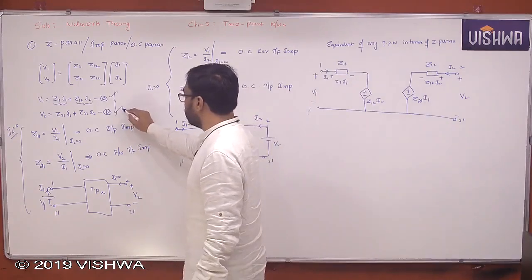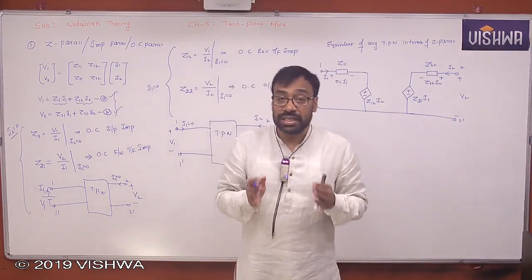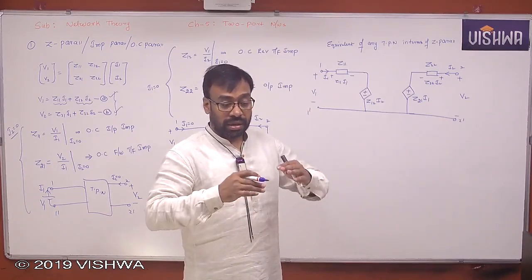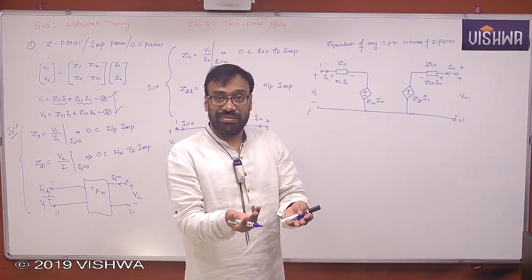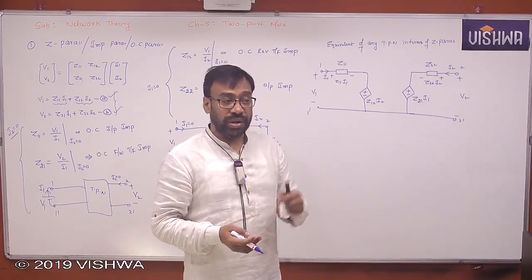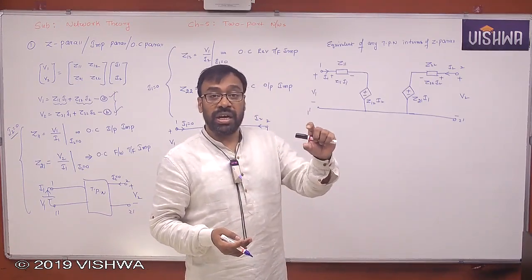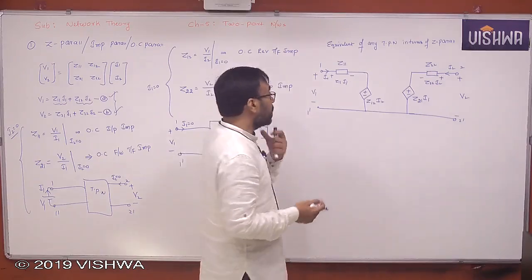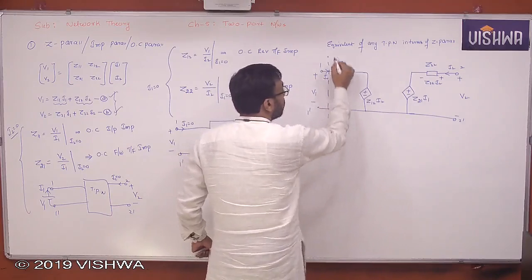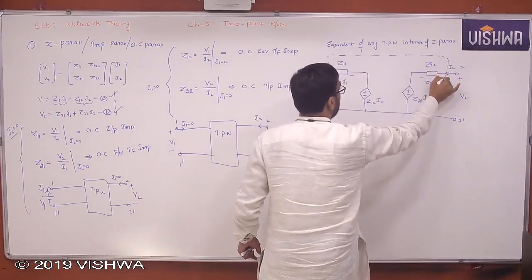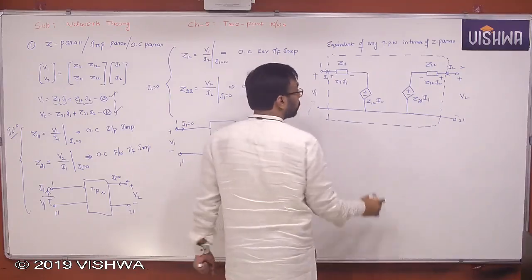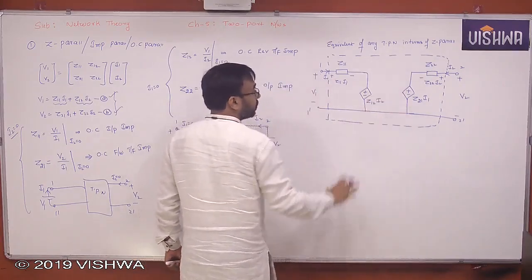So the second equation is also satisfied. That means I'm able to construct an equivalent of any two-port network in terms of Z parameters. If I know a two-port network and its parameters, I can construct again the equivalent of that two-port network. So this is now represented by a black box. Understand all of you? Okay, so V1 I1 and V2 I2.